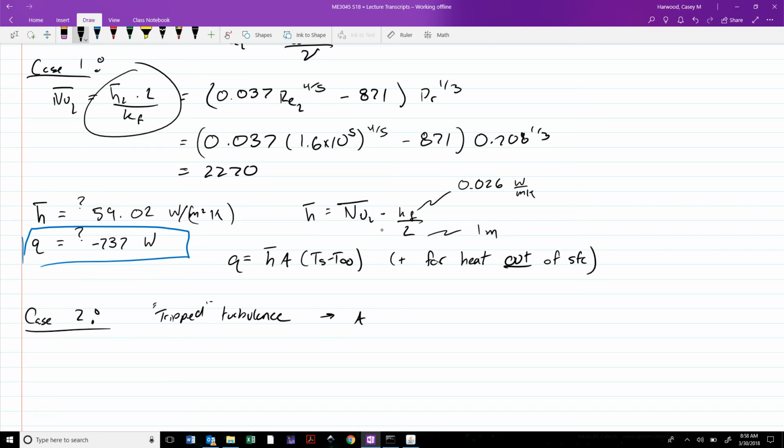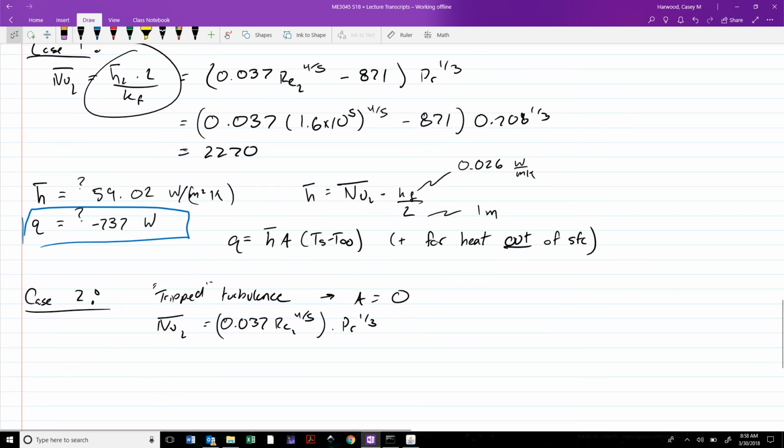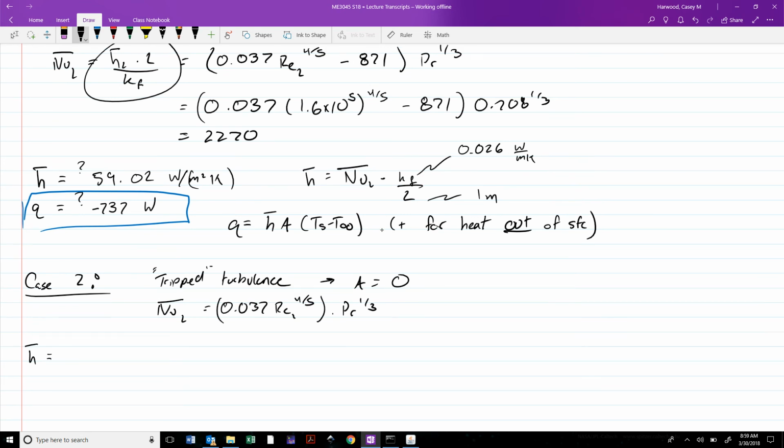So that A is equal to 0, which means the Nusselt number based on length is just going to be 0.037 times Reynolds number based on L to the 4/5 times Prandtl number to the 1/3. So I'd like to see an h bar for this and a Q for this case.